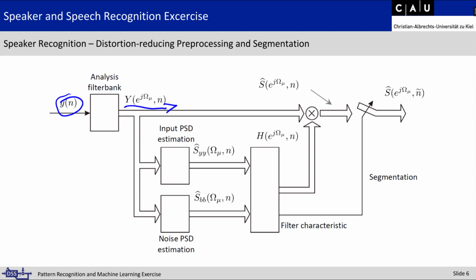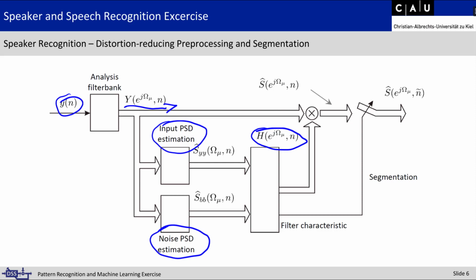We have a noise estimation where we estimate the noise part in our signal, and an input PSD estimation where we estimate our received signal spectrum. And those two spectra are then processed by the Wiener filter part.